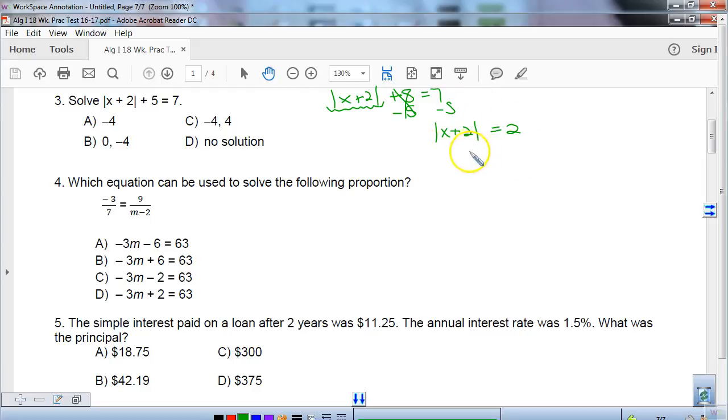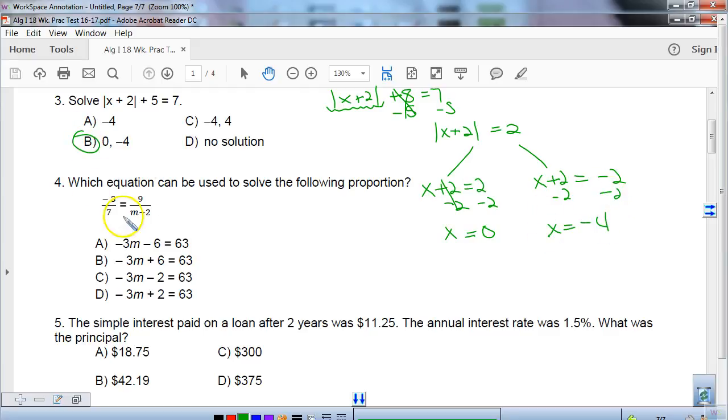And from here, we need to split this into two separate equations because this absolute value could have started out life as a positive or a negative number. And in order to reach 2, we need to have either x plus 2 equals 2, or it's possible that x plus 2 was negative 2. And then we solve each of these equations by subtracting 2 from each side. We have x equals 0 or x equals negative 4. That is option B.